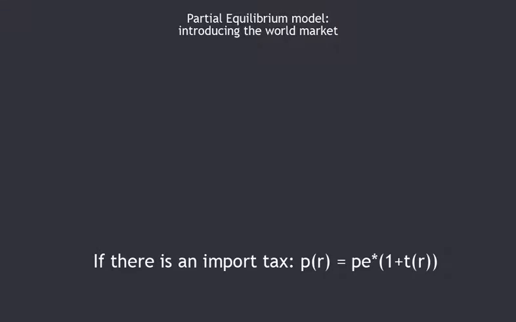And if there is an import tax, for example, we start with this example, the local price is above the world price, and the relation is P in country R is equal to the world price, PW, times 1 plus the tariff imposed by country R on its imports.